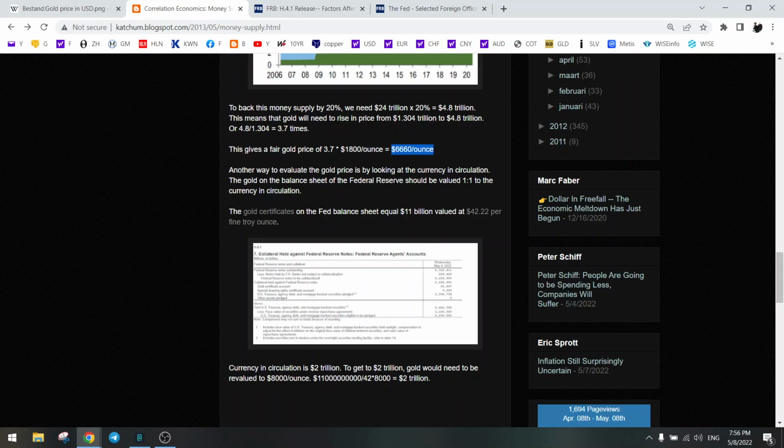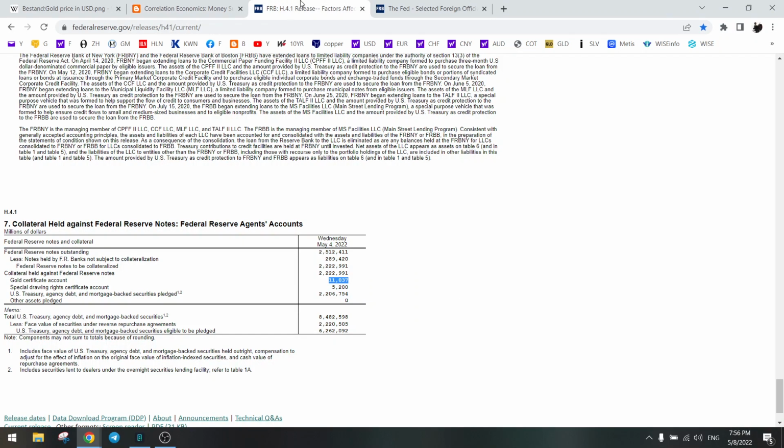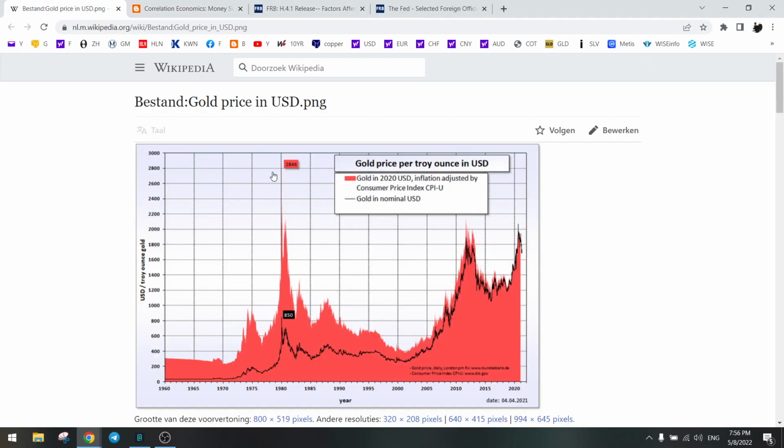One is 7,000 and the other one is 8,000. So that is eventually the gold price that we will need to have balance in this world. So you are going to see much higher gold prices than 2000. This is probably going to triple.